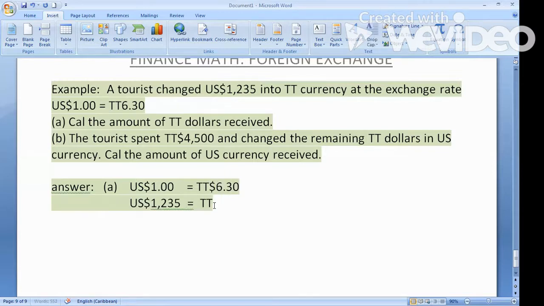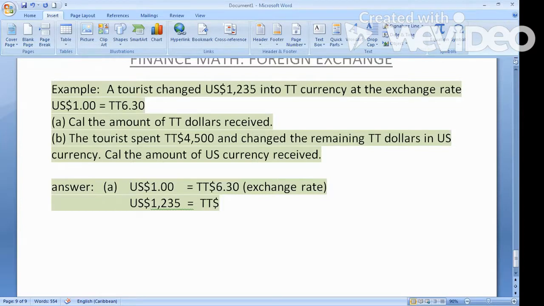Everybody see the setup? The top piece is your exchange rate. Below it is what you want to convert. So you make sure you line up the countries.